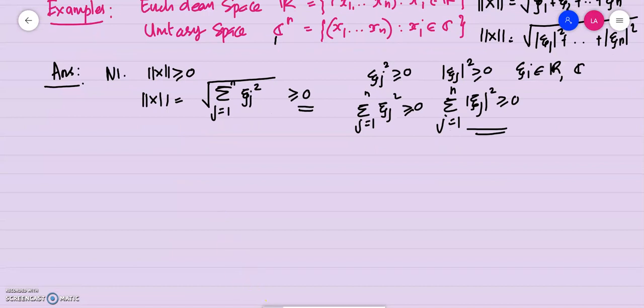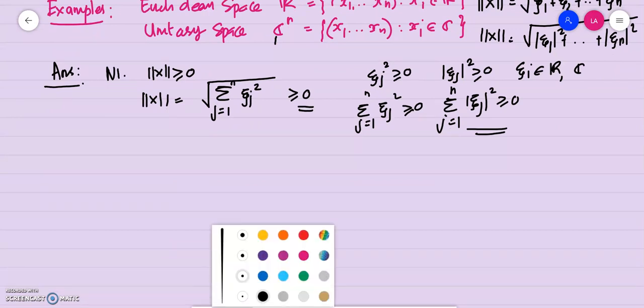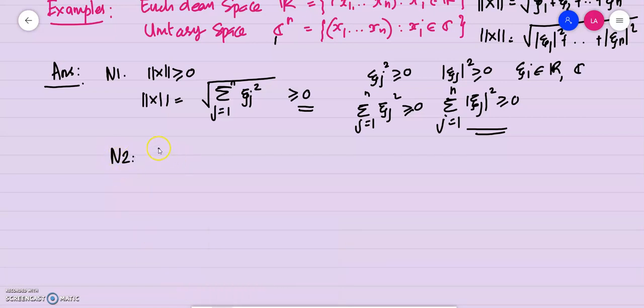For the next property, we have to establish the condition for norm x equal to 0. So this is N2: norm x is equal to 0 if and only if x is equal to 0. So this is what we have to prove.